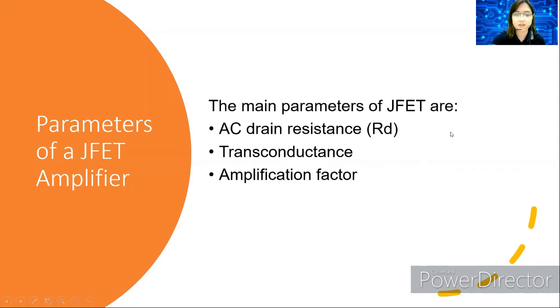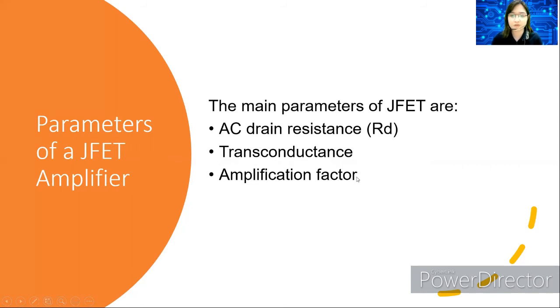For the transconductance, it is the ratio of change in drain current, delta ID, to the change in gate source voltage, delta VGS, at constant drain source voltage. So it can be expressed as GFS equals delta ID over delta VGS at constant VDS.